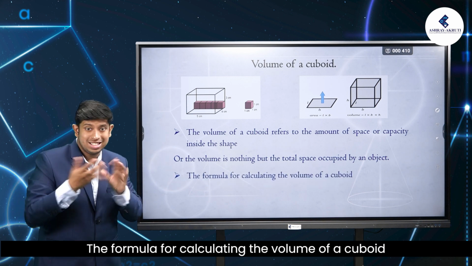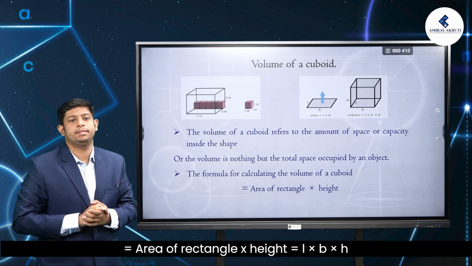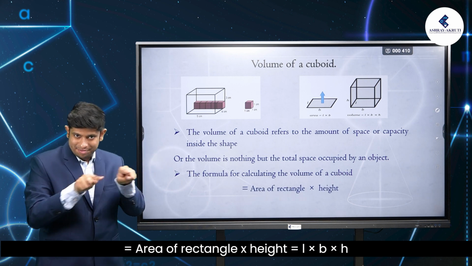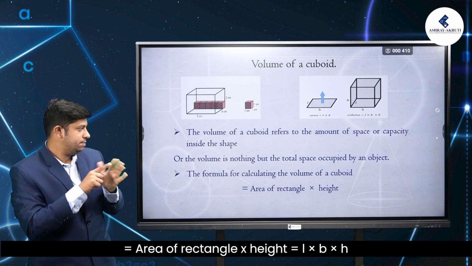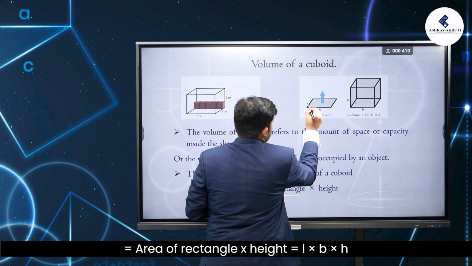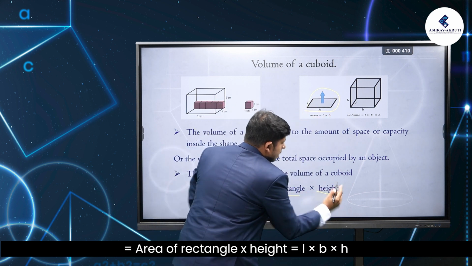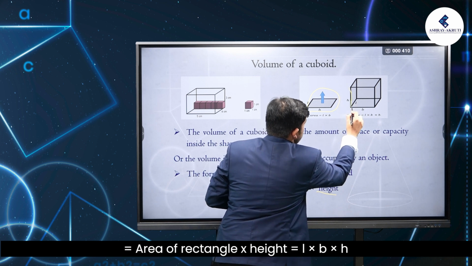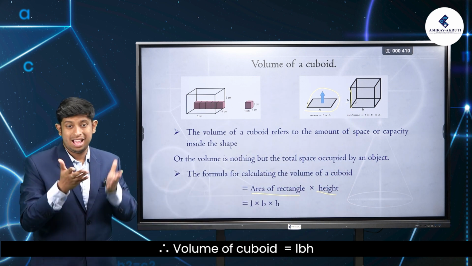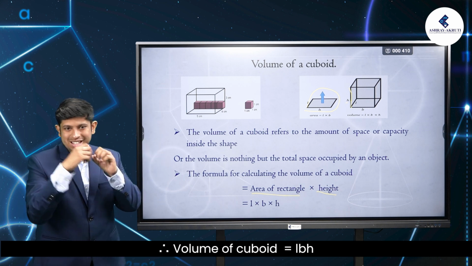The formula for calculating the volume of a cuboid is equal to area of rectangle into height, which is equal to L into B into H. Volume of cuboid is equal to L into B into H.